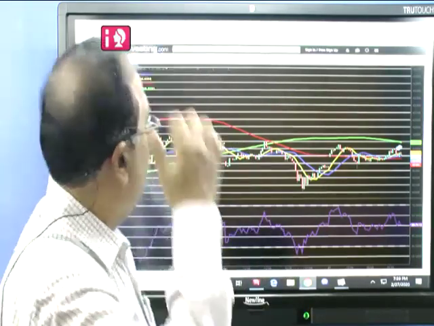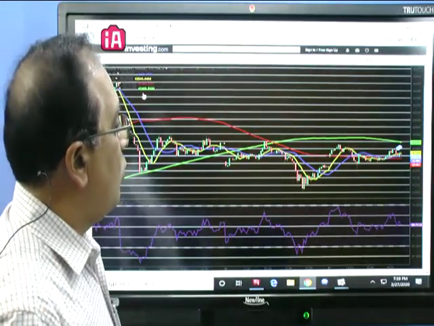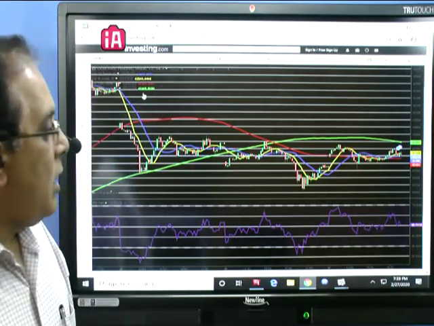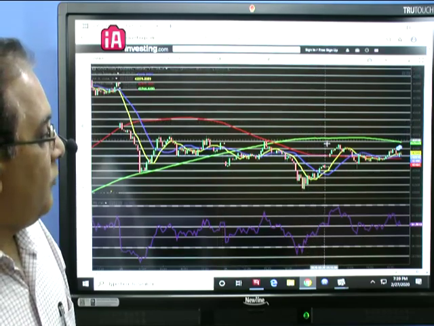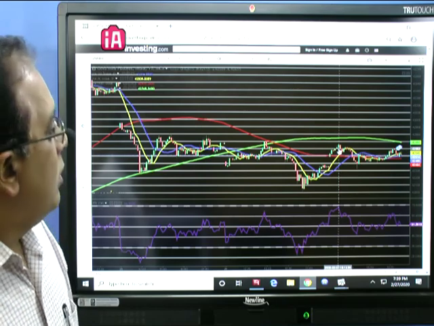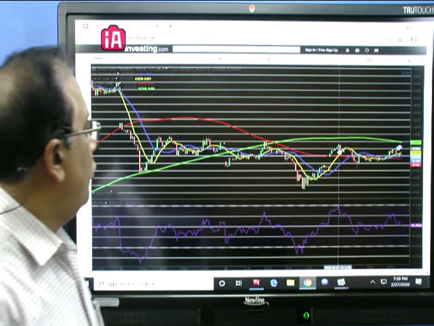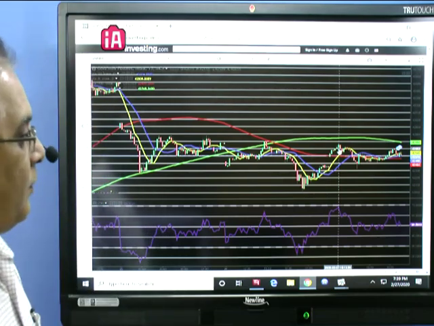Now this is a 15-minute chart. Right now in gold, this particular level is an important stop loss for any short position. So for any short position in gold, I think you should keep 42,655 as a stop loss. 42,655 as an important stop loss.